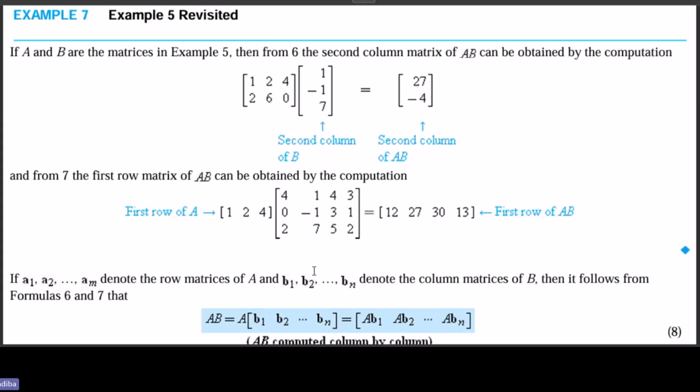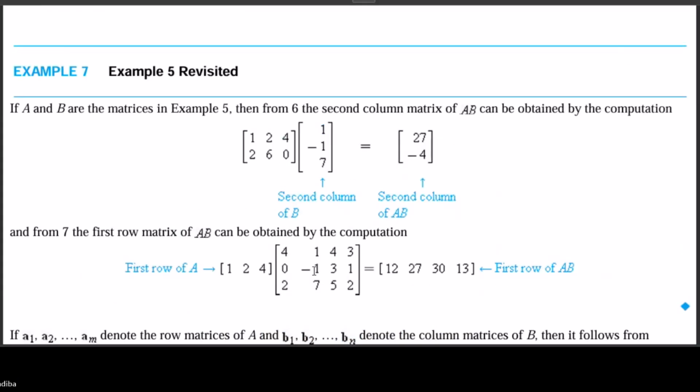Example: we have this matrix, which has 2 rows and 3 columns, multiplied by a matrix with 3 rows and 1 column. The size of the first matrix is 2 by 3.